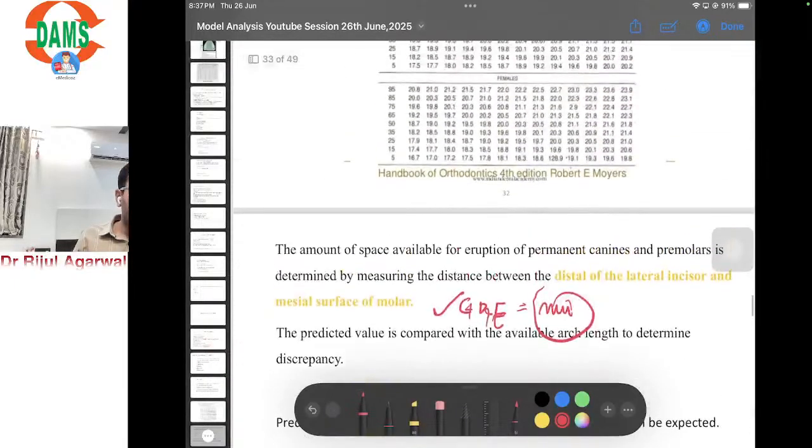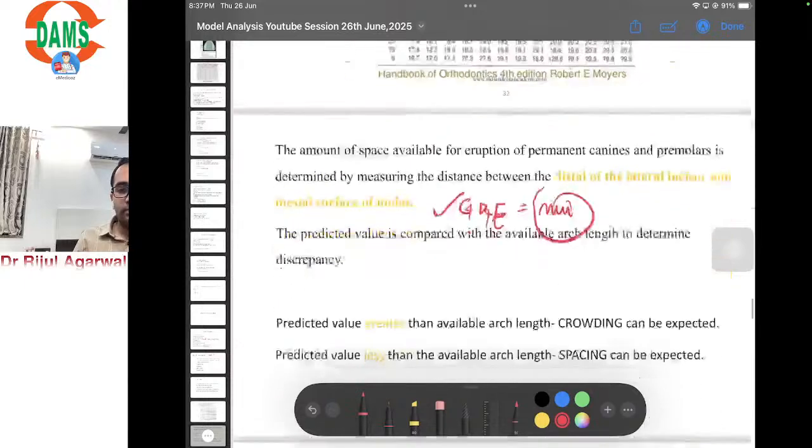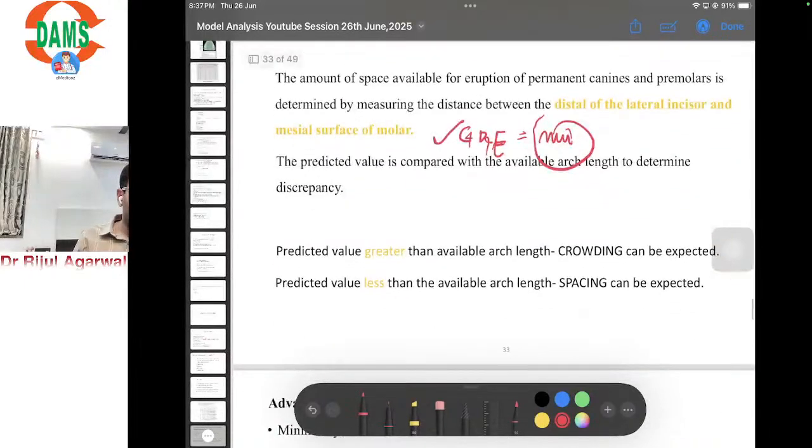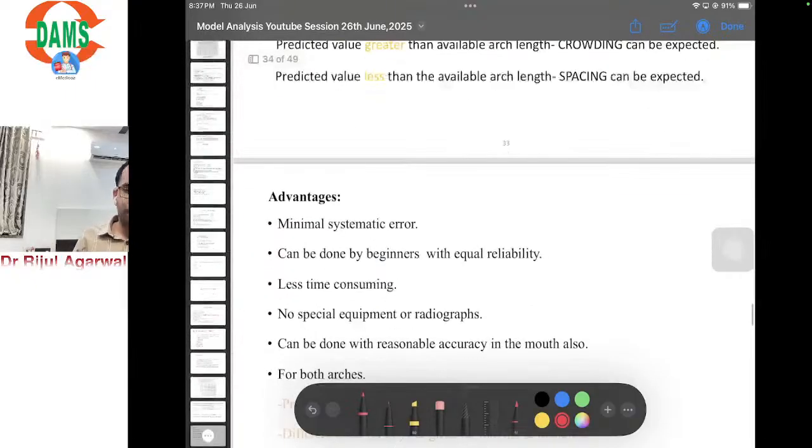The discrepancy tells you whether there will be spacing in the future dentition or crowding can be expected, and accordingly you have to plan. If there will be severe crowding, you need to go for serial extraction or something like that can be planned. If less, and spacing is there, then you don't have to do anything. Let the dentition erupt and exchange.